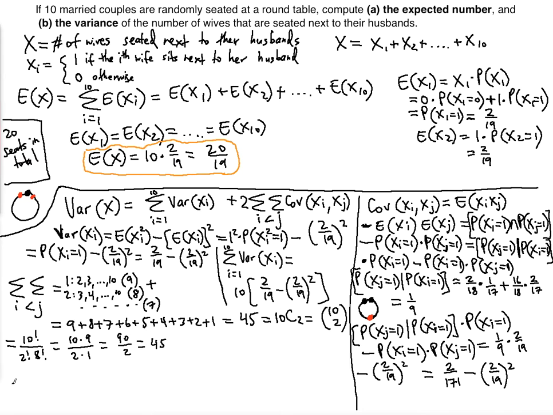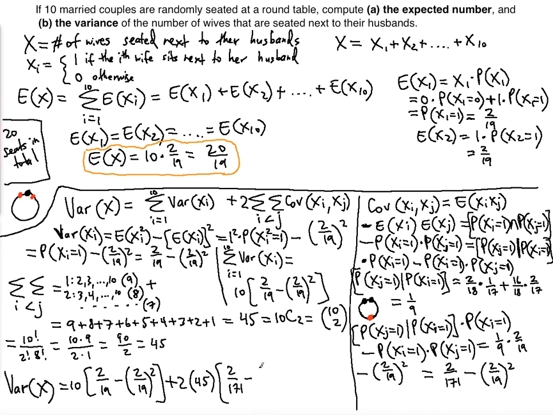So the variance, adding all components up in that formula, is going to be 10 times, like this part first, the summation of all the variances, 2/19 minus the square, plus twice the double summation which is found, which is 45, times the covariance we found here, 2/171 minus (2/19) squared.